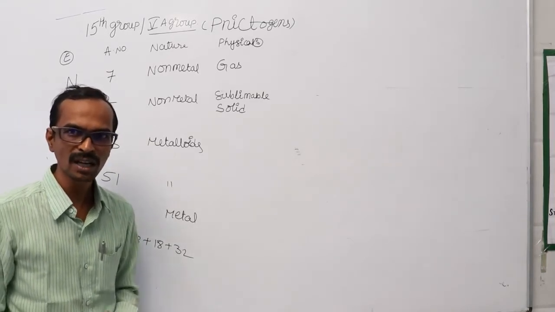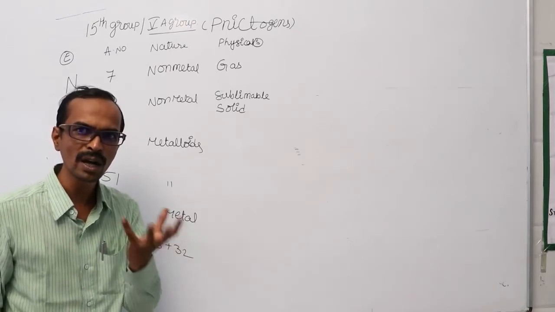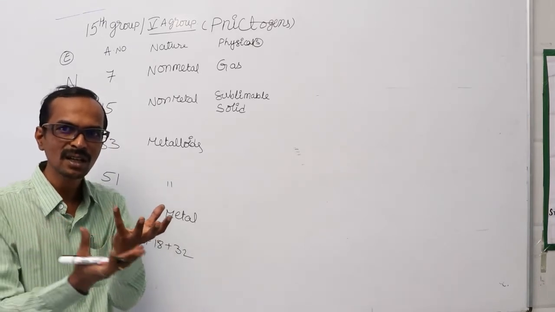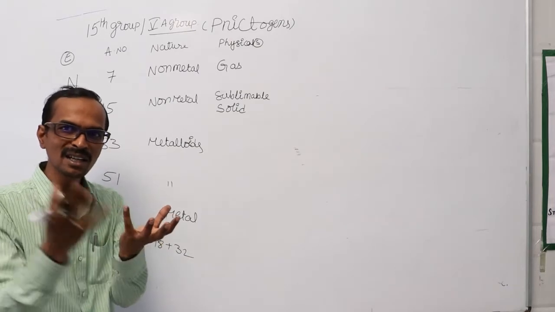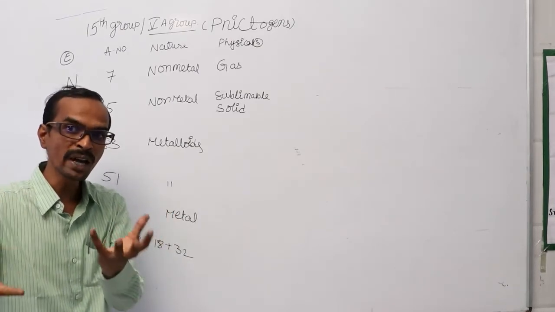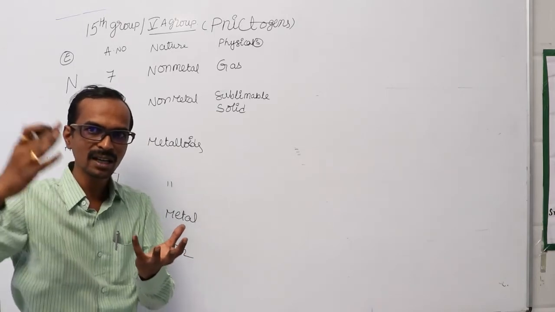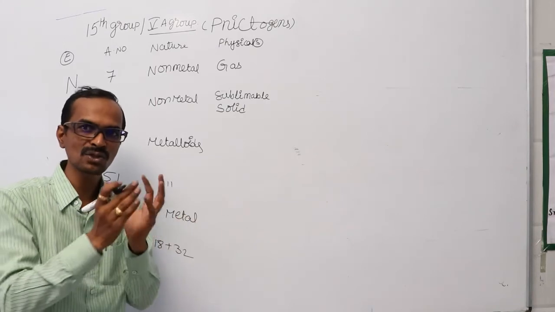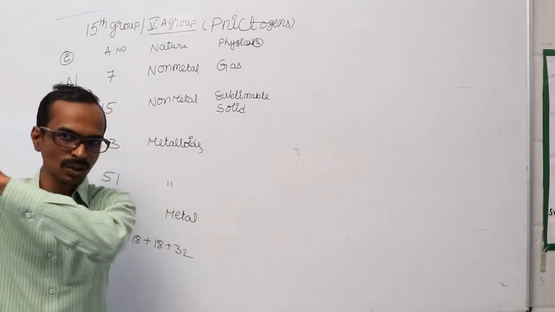Generally, if you take ice and place it in the atmosphere, ice melts and gives water. If you boil water, that will be converted into gas. Generally, in the transition of a substance, solid converts into liquid, and liquid then converts into gas.